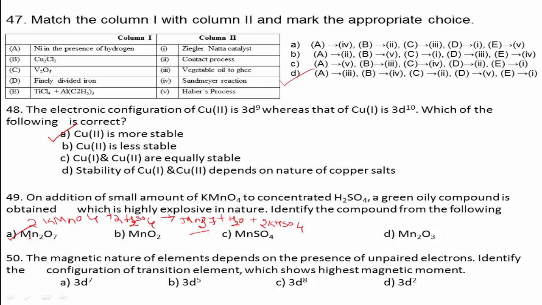Students, we know the greater the number of unpaired electrons, the higher will be its magnetic moment. Since 3d5 has 5 unpaired electrons, here mu equals the square root of 5 times 5 plus 2, which is the square root of 35, equal to 5.92 Bohr magneton.